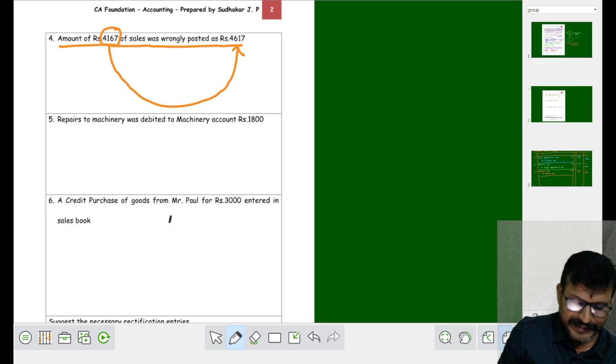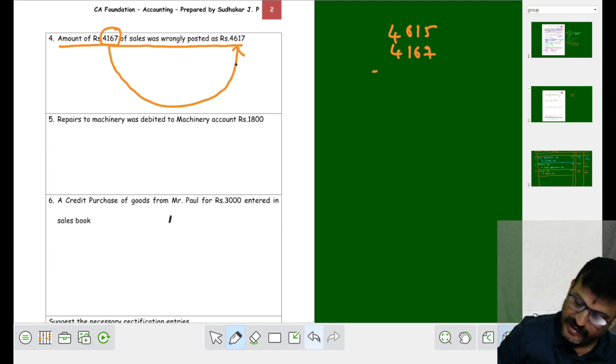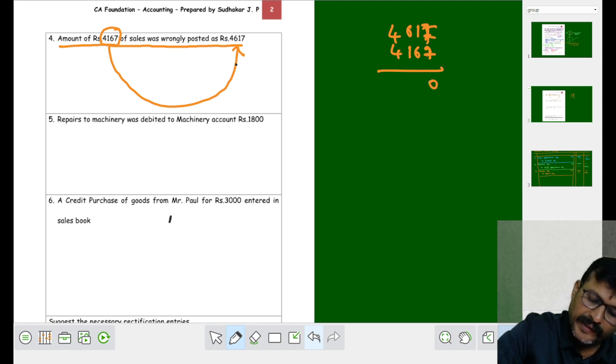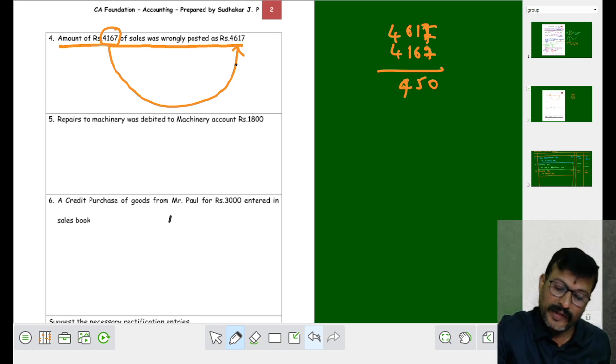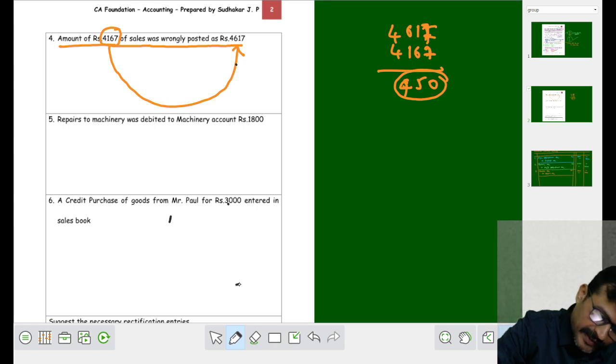Now what happened? What is the gap? 4617 minus 4167: 7 minus 7 is 0. Here 5 came, and 5 minus 8, 4 comes. So what is the difference? The difference is 450.